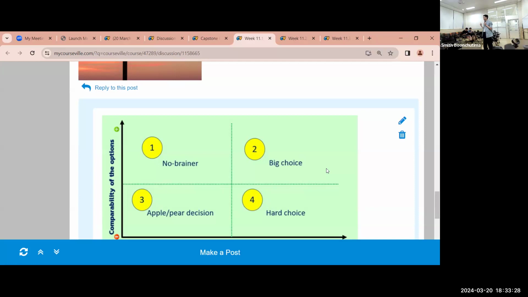So in this case, you have to make the decision maybe together with your friends in the working group. For example, in the office, you might have to be the leader to make the decision.